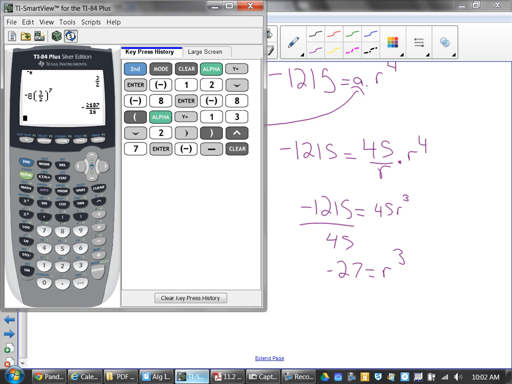In your calculator, there's a button for this. In this case, we're talking about the cube root. It has that little 3 before the square root. Math, number 4. So now we take the cube root of negative 27, and there's my answer. Negative 3. So what's your rate? Negative 3. There you go.